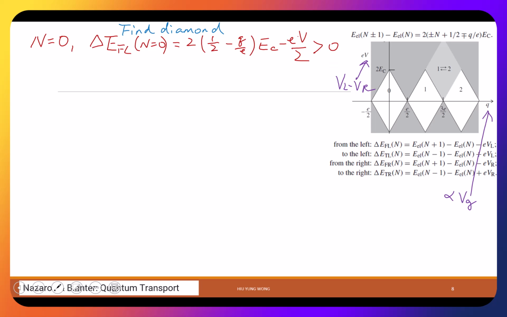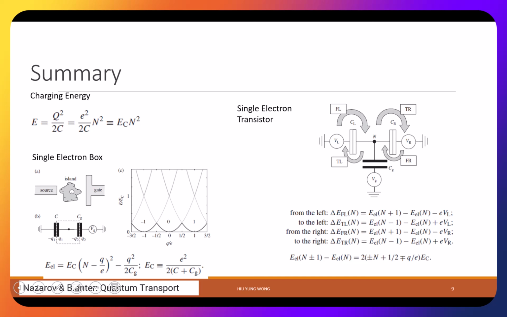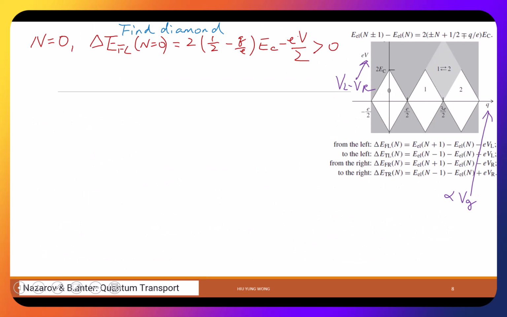I only do the first equation; let's do it step by step. You will see what I'm doing later. Now I'm only saying what is the energy if you want to get one electron from the left. This is the energy you need, based on our derivation earlier.